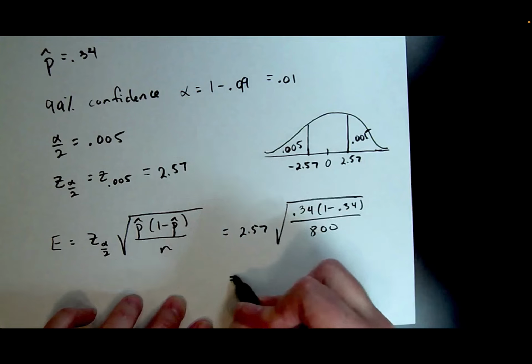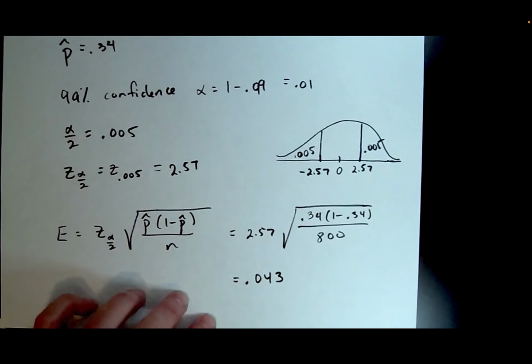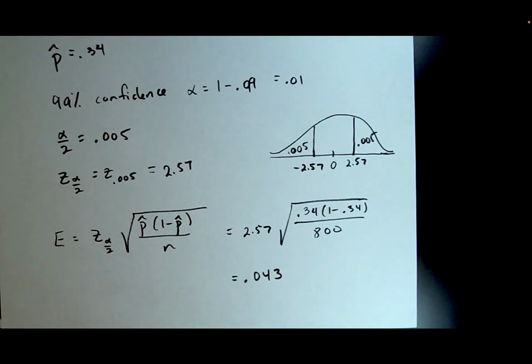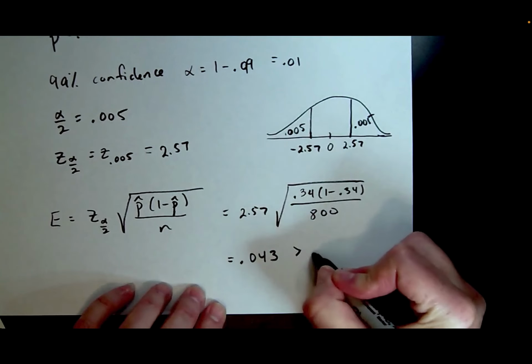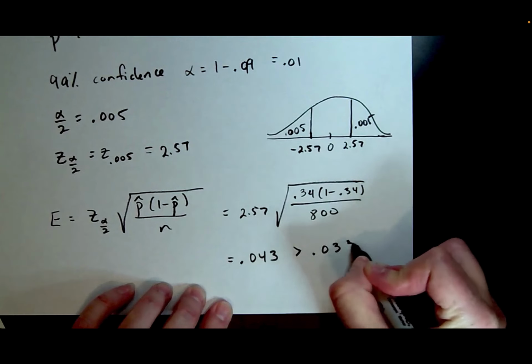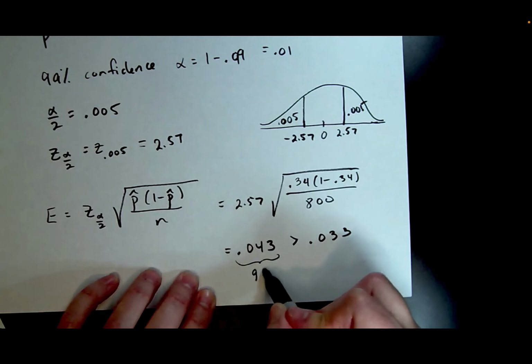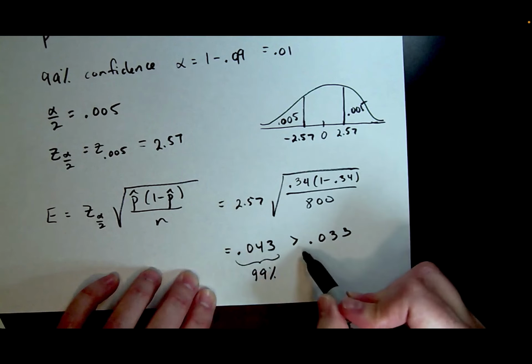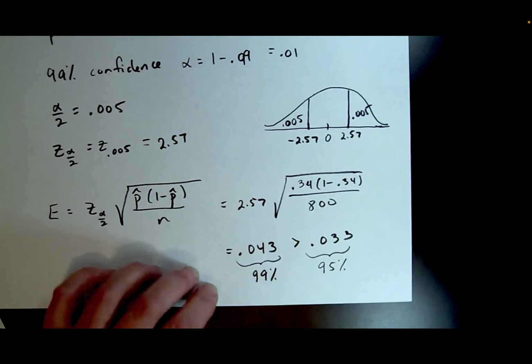And if you crunch numbers there, you get 0.043. Notice that is larger than the margin of error that we had gotten previously. So this is the margin of error for 99% confidence. This is the margin of error for 95% confidence.